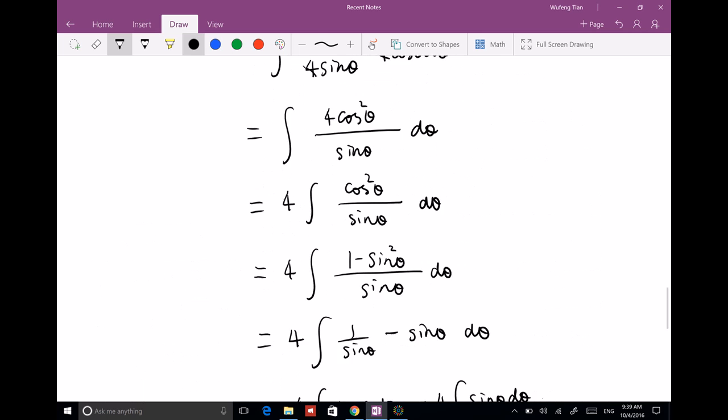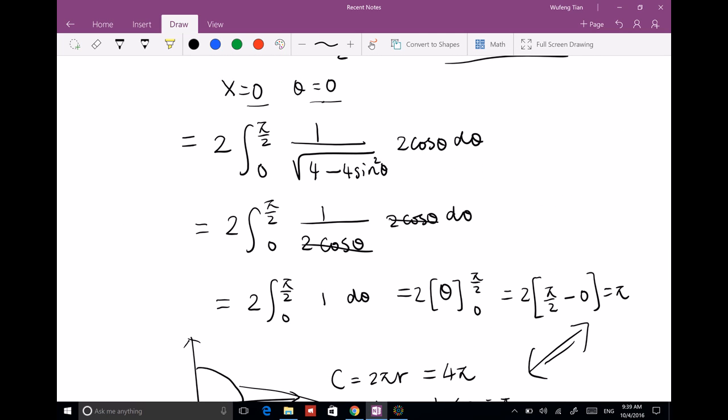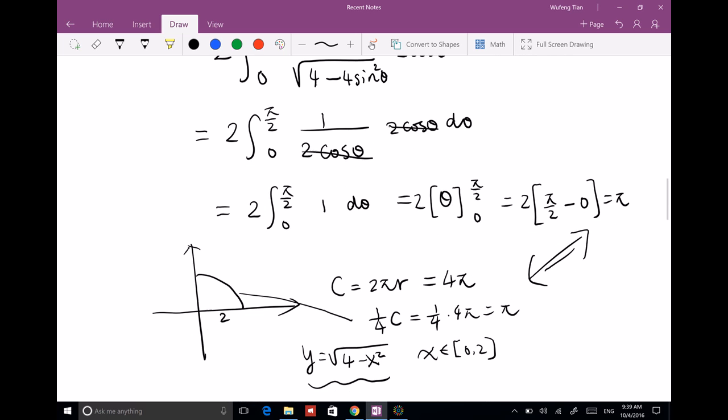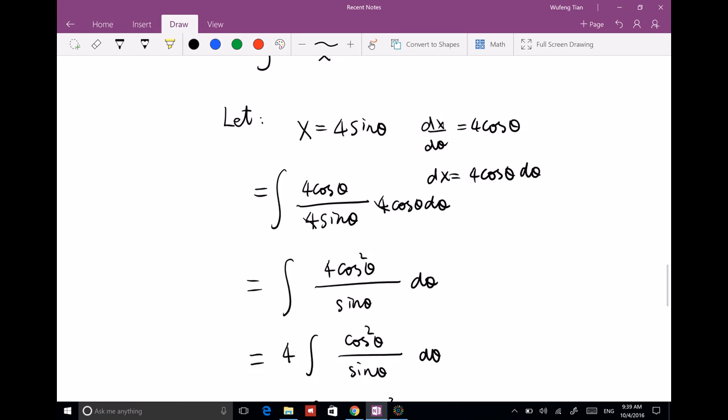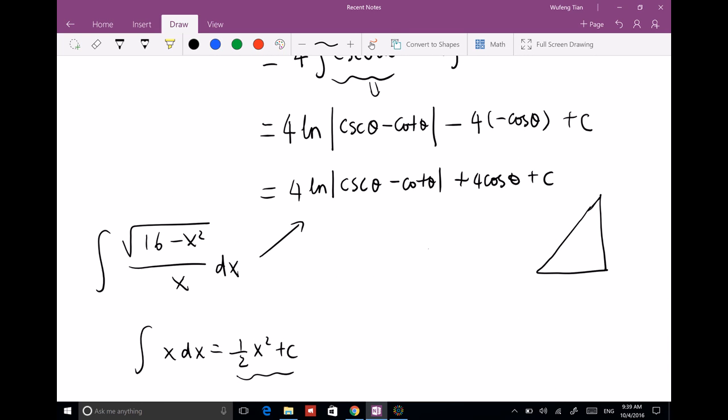Because if you look at the previous problem we did, you change the boundaries, and for the final answer you just plug it in and you will have a number, a constant, right? You do not have to worry about the theta anymore. But if it's an indefinite integral, you change the x into a theta, then at this point you have to change the theta back into x.